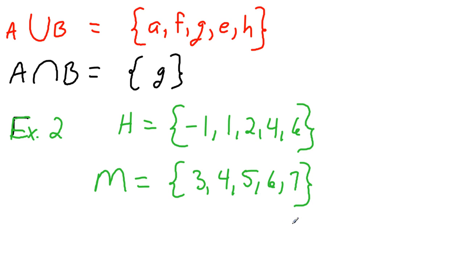So for this one, H will be -1, 1, 2, 4, 6, and then M would be 3, 4, 5, 6, 7.